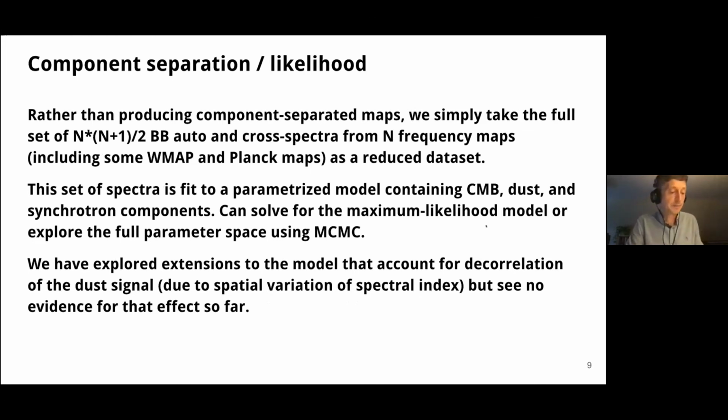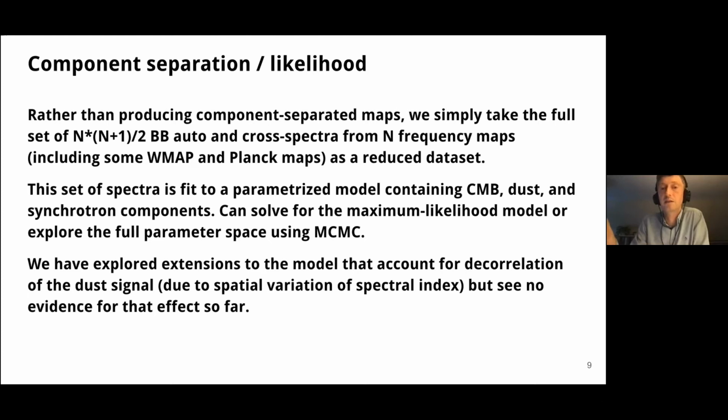Okay, I'm going to talk briefly about what we do with these maps once we have them, though this is maybe a little less relevant to Cosmoglobe in particular. Dominic's going to talk about a separate analysis, but in our standard analysis, we don't actually produce a component separated map.